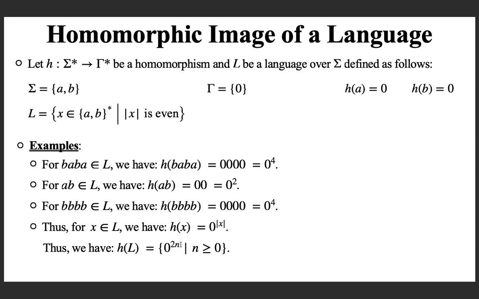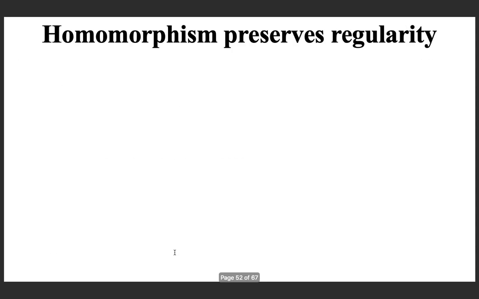N can be 0, then you will get 0 to the power 0. Sorry, n should be greater than or equal to 1. I am very sorry for the typing mistake. N should be greater than or equal to 1, because otherwise you will get 0 raised to 0, which is the empty string.